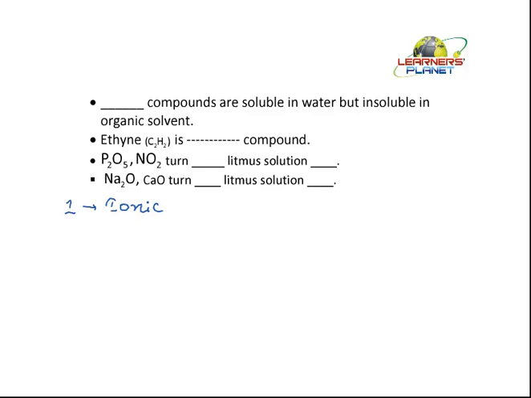Now let's take up the second question. Ethyne is a dash compound, that is either ionic or covalent. So ethyne is a compound of carbon. Carbon is a non-metal. So non-metals form what type of compounds? Covalent compounds. So what would be our answer?